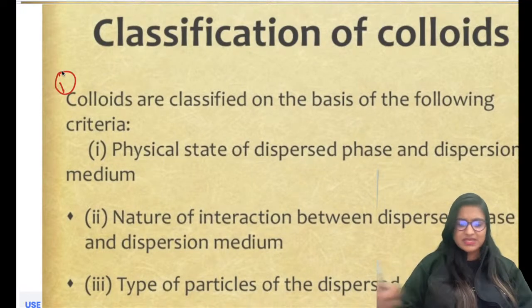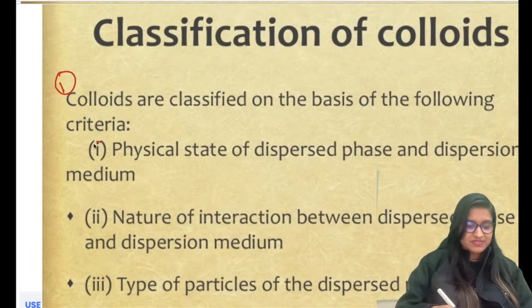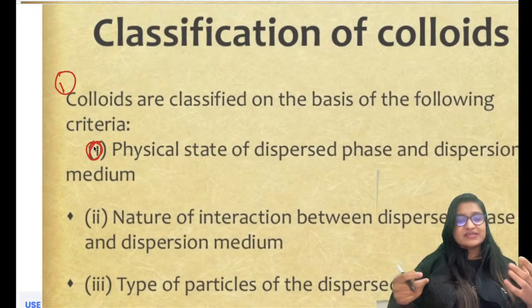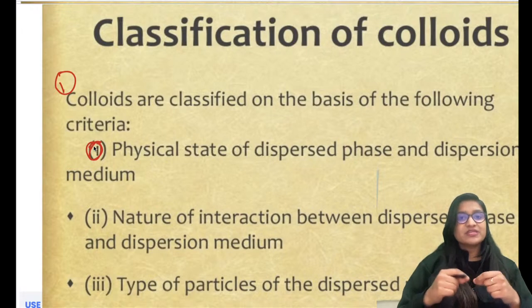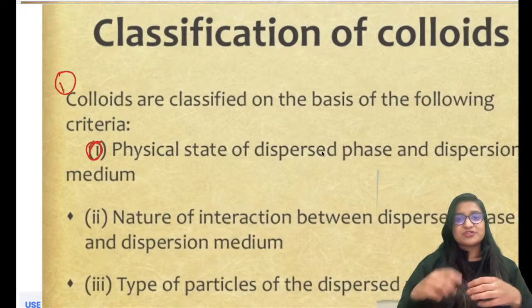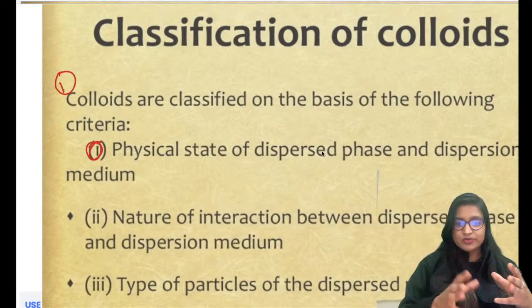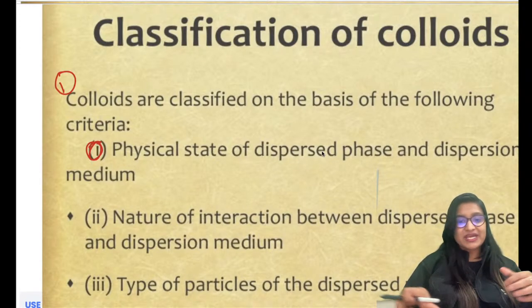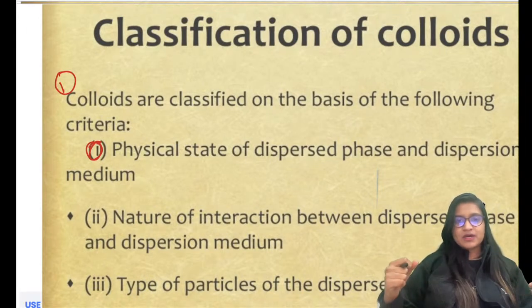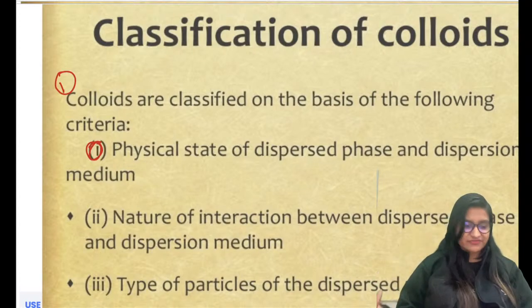So physical state of dispersed phase and dispersion medium, this is the very first classification. Second one can be on the basis of the nature of interaction between the dispersed phase and dispersion medium particles. And third one is the type of particles of the dispersed phase. So these are the points on which we can classify colloids.